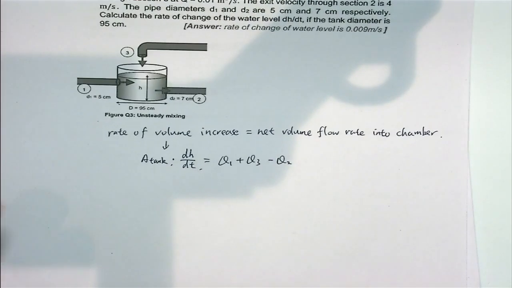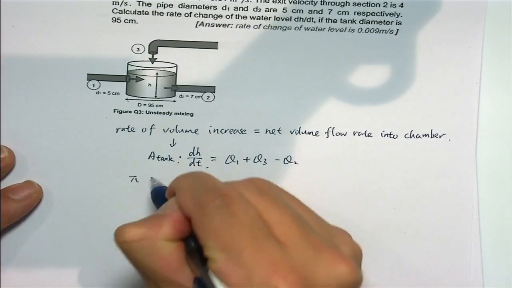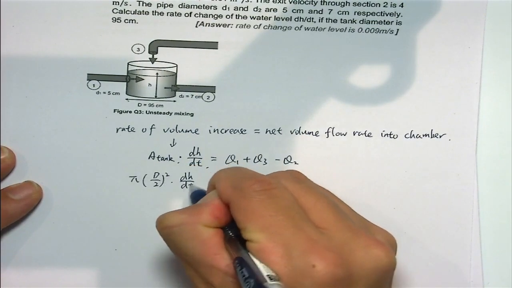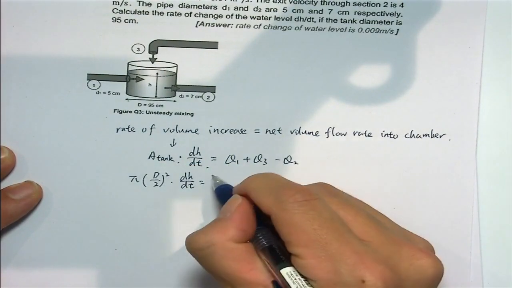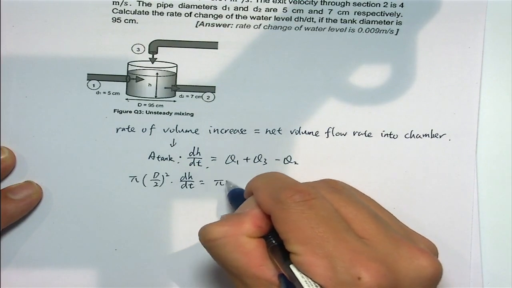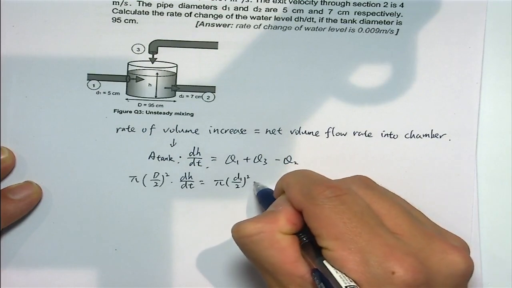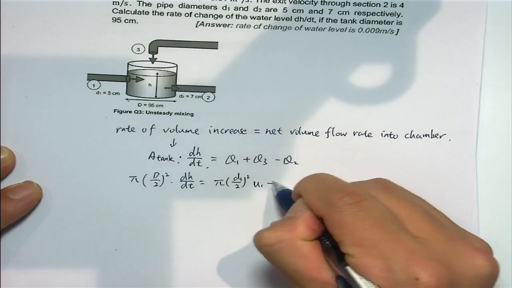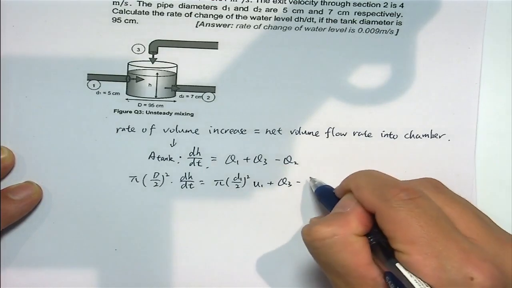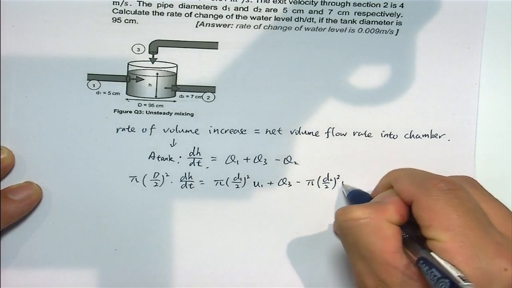And then we got pi over 4 d squared dH over dt, and Q1 is pi over 4 d1 squared U1, plus Q3, minus pi over 4 d2 squared U2.